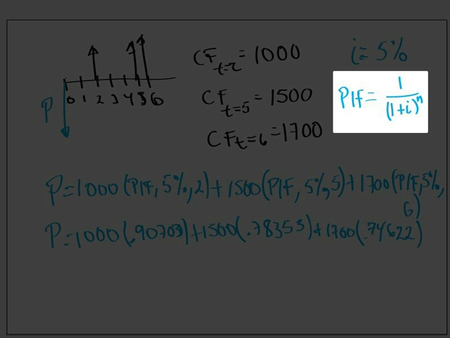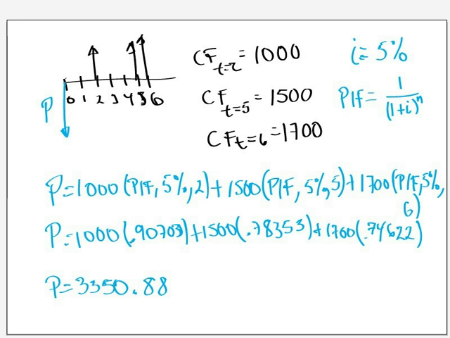Once we have the equation, we can use the formula that relates these factors, P given F, and we can compute these factors for each one of these parameters, changing basically just the period. And when we do all the arithmetic associated with these computations, the final result is $3,350.88. That is the total amount that we need to invest today in order to withdraw $1,000 at t equals 2, 1,500 at t equals 5, and 1,700 at t equals 6.